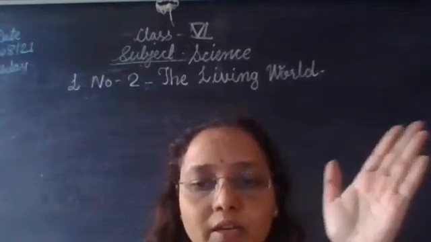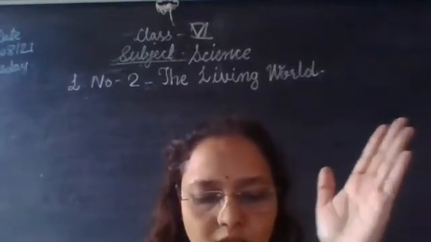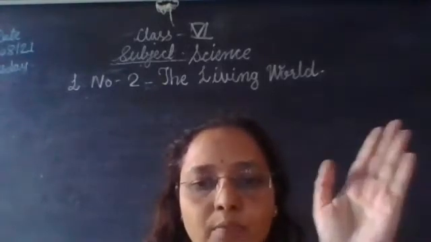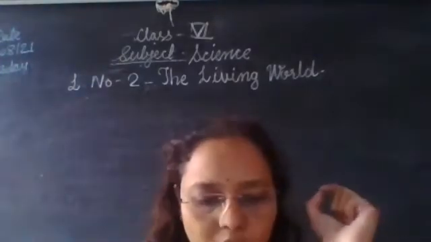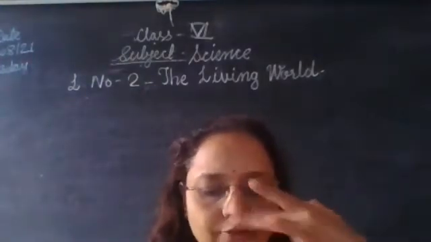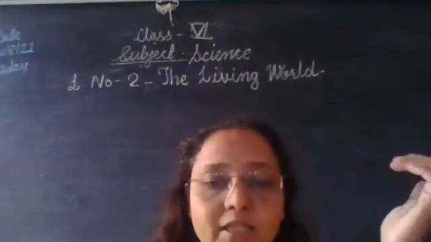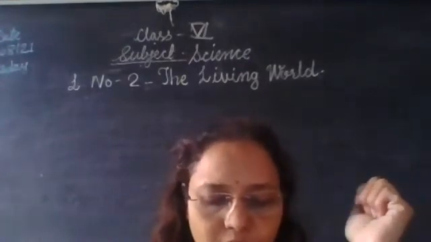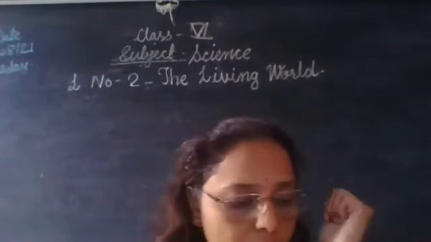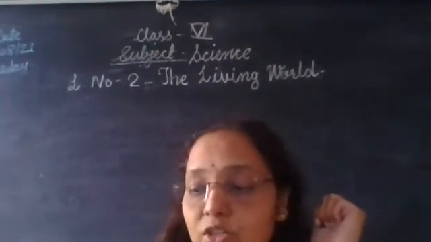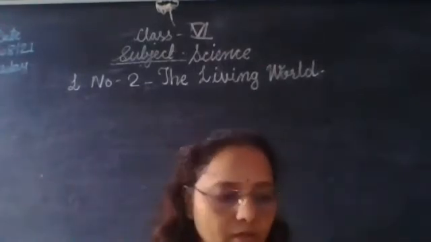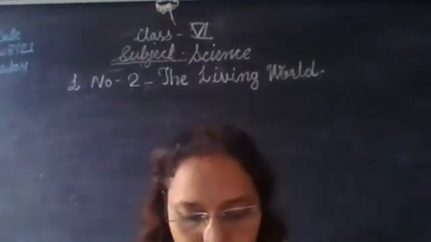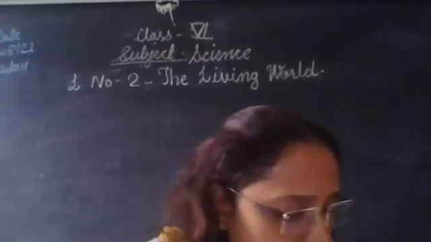They are different from each other if you compare both. Such features are said to be the characteristics of living things. So we have to learn some characteristic features of living things. Which are the characteristic features of living things?